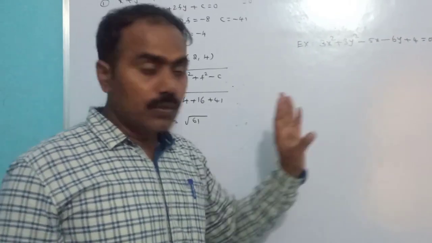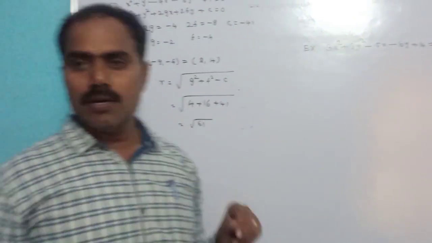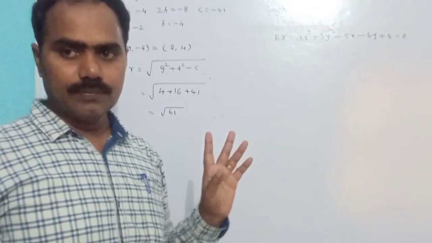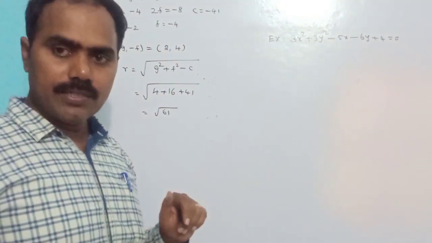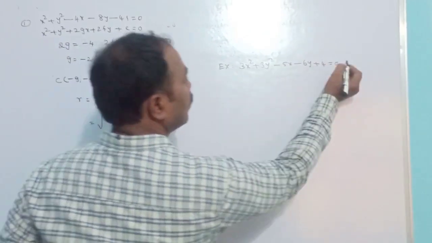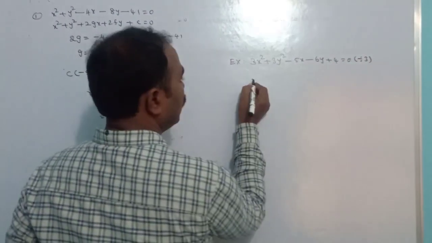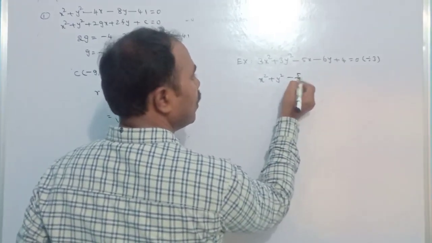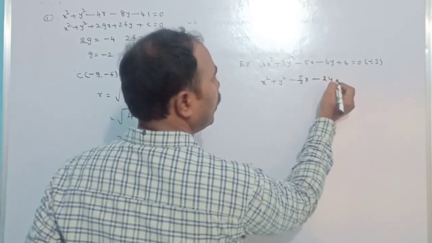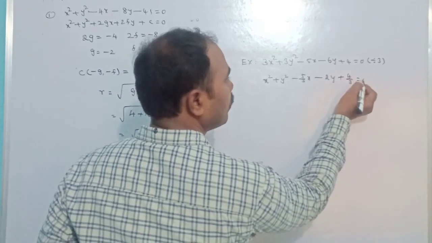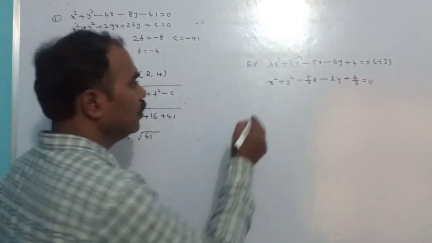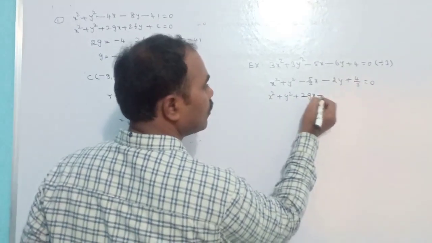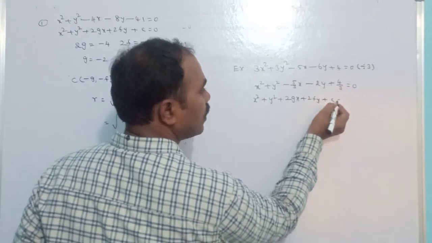To compare this equation with the general form, we have to make the x square and y square coefficients 1, so we should divide the equation by 3. Dividing by 3, we have x square plus y square minus 5 by 3 x minus 2y plus 4 by 3 equals to 0.